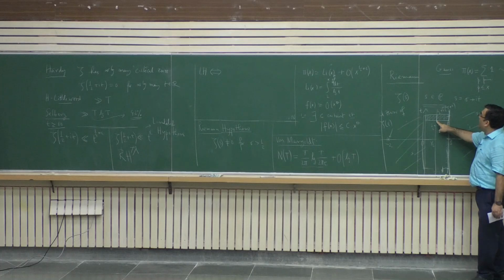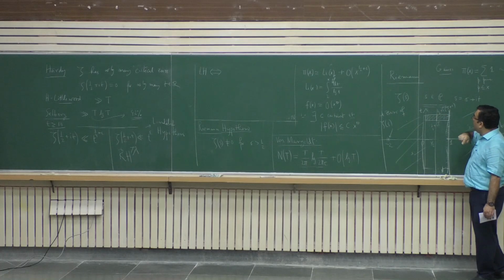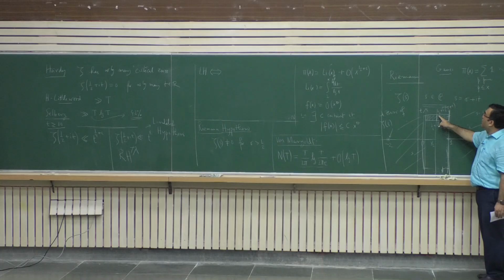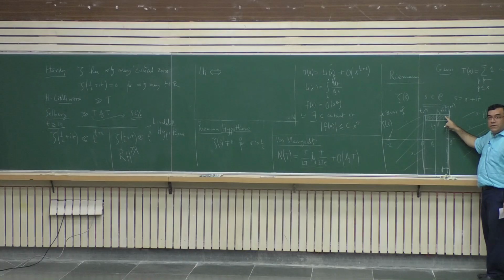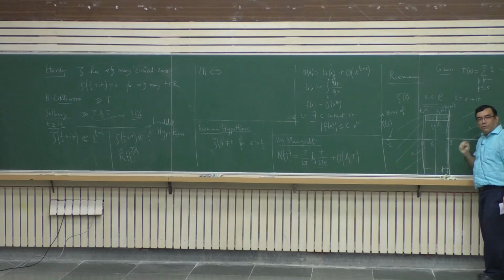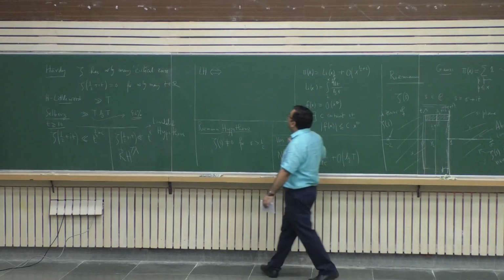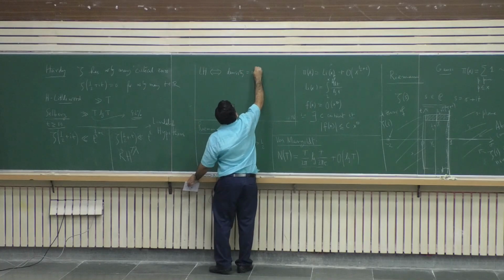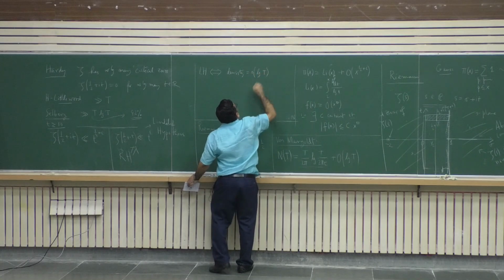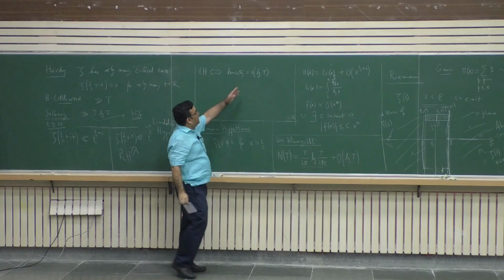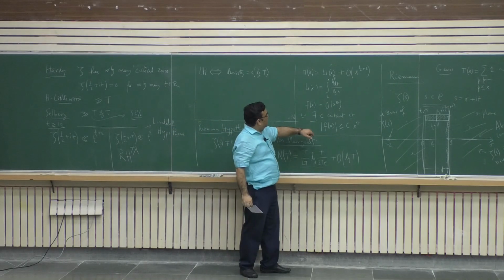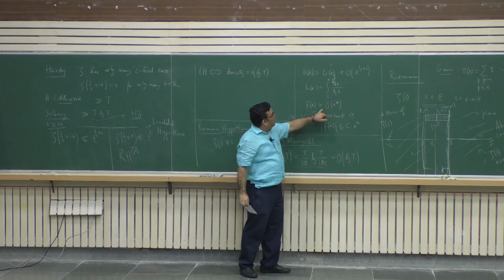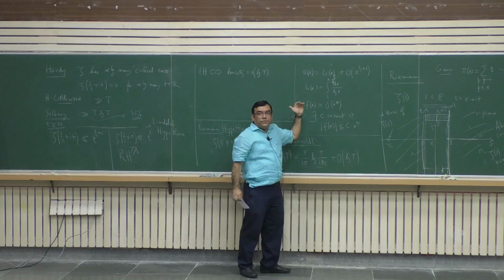So if you can show that the density is little o of log t. What does it mean? It means that the density is pretty small compared to log t. Of course, you expect that it's zero.